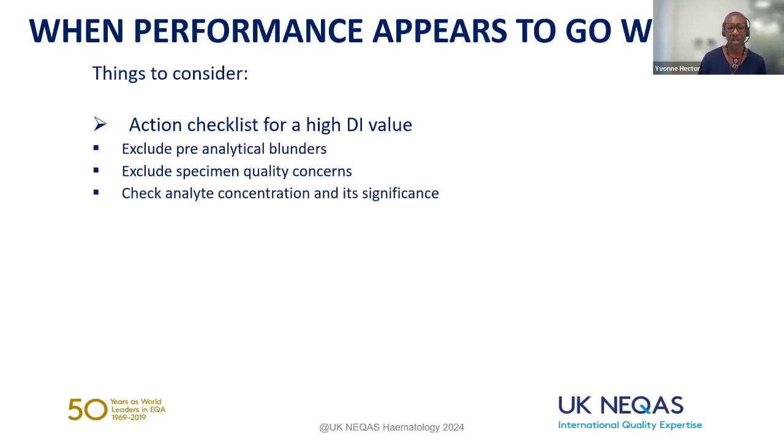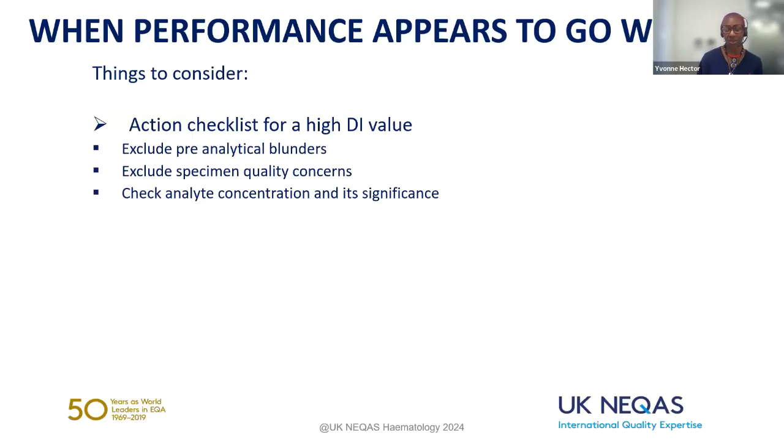Another thing to look at is checking the analyte concentration and its significance. With low analyte levels, we particularly see this with low platelet counts. They can give a higher DI because performance from modern analyzers is tight, and a very small difference from the target mean can result in a higher DI. We always encourage people to look at their performance over time, over the last 3 surveys, 6 specimens.